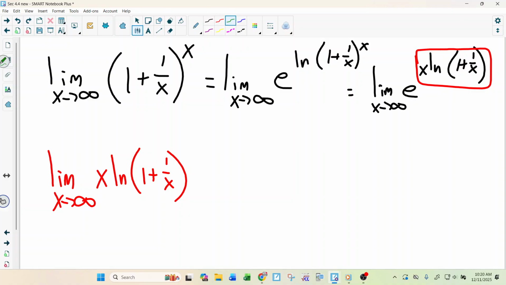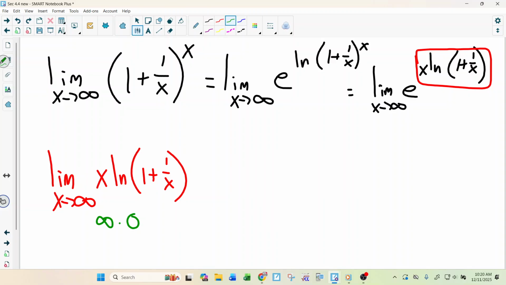As x goes to infinity, the natural log of 1 plus 1 over x, as x goes to infinity, 1 over x goes to 0. So this just becomes the natural log of 1. The natural log of 1 is 0.